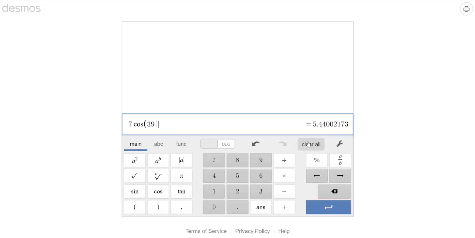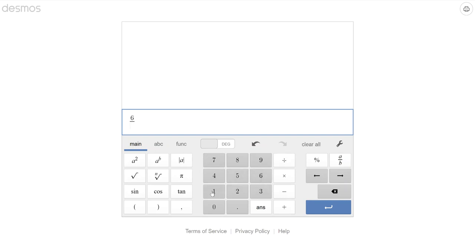Here we are. Clear it out again. And if you do 6 divided by 15, what do you get? 6 divided by 15 is 0.4. That's nice. Comes out nice and clean for us. 6 over 15 is 2 over 5, which is 0.4. So we're going to be doing the inverse cosine on 0.4.